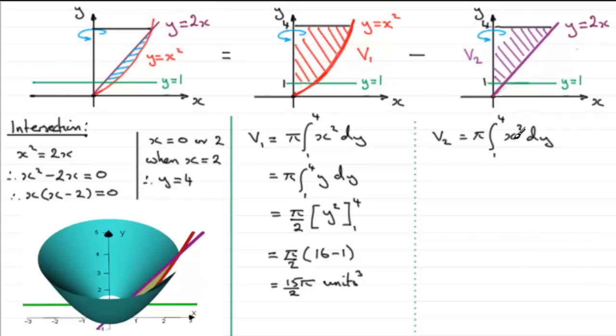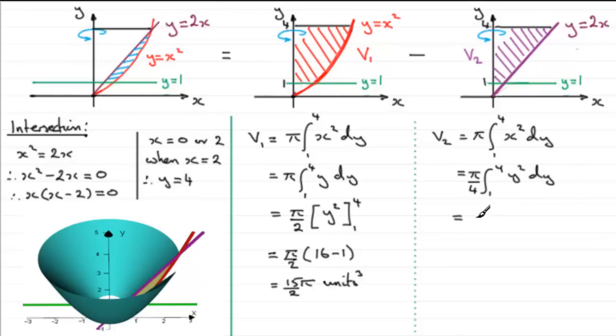We've got to get this in terms of y, and I can see that from this x is equal to y over 2. So we need to square that, and we've got pi times the integral going from 1 to 4 of y squared over 4. I'm going to take that 4 out the front, just to make it a little easier to work with, and we're integrating that with respect to y.